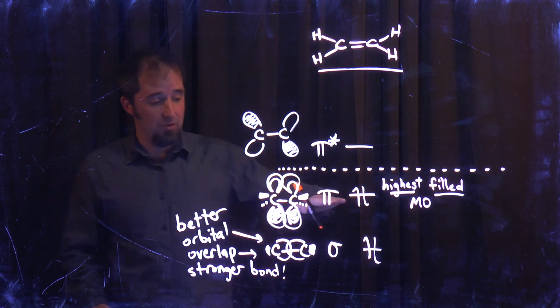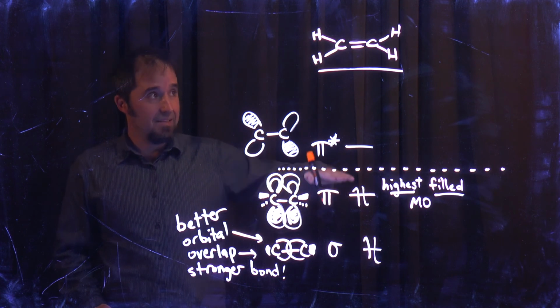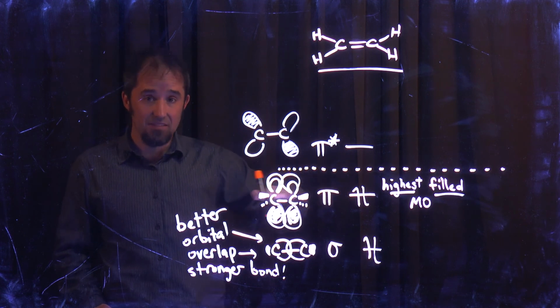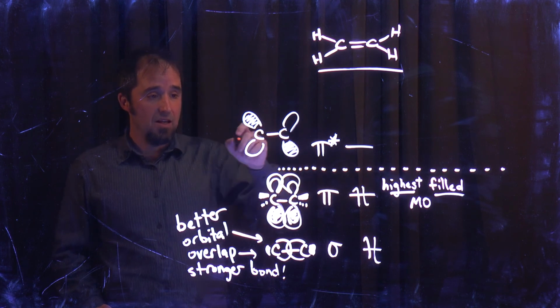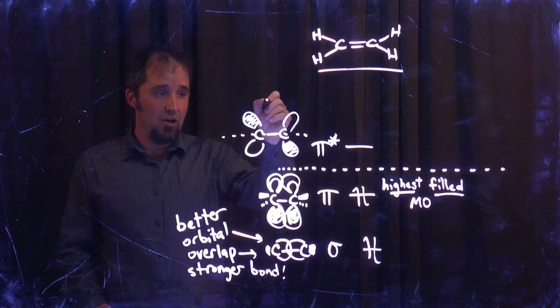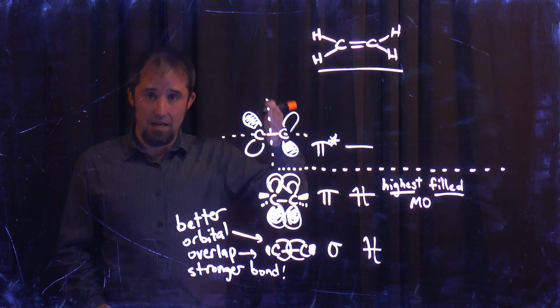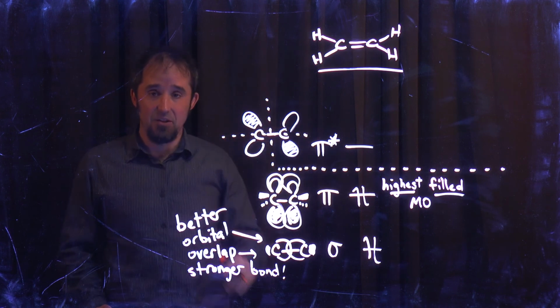Notice that in a pi orbital still, there is a node in the middle. So in the plane of the atoms, there actually is no pi electron density. In the pi star orbital, not only do I have that plane node, I also have a node between the atoms. So there's no electron density between the atoms and on the plane.